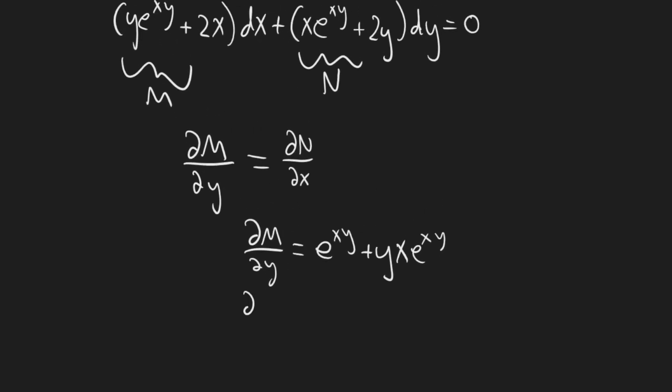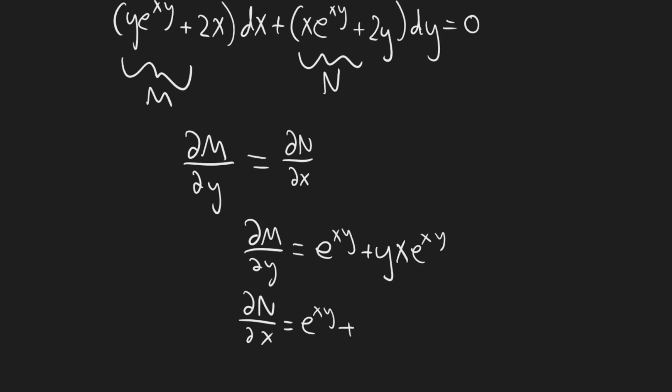Okay, so let's go ahead and make sure that partial N partial x is the same thing. Partial N partial x equals x e to the xy. Looks like another product rule. So I'll do the same thing. Let's land the derivative on x first. So this is just 1 times e to the xy plus, now the derivative is on e to the xy.